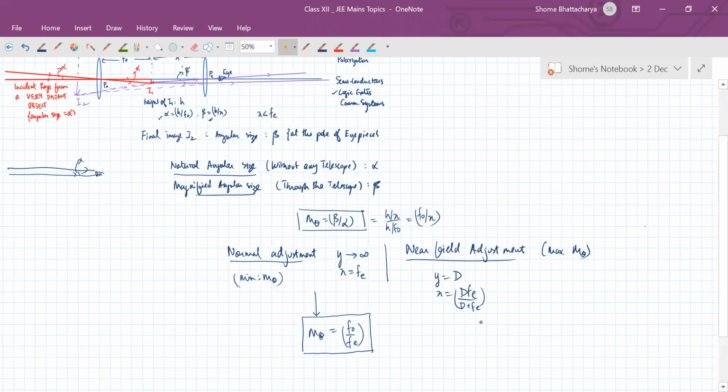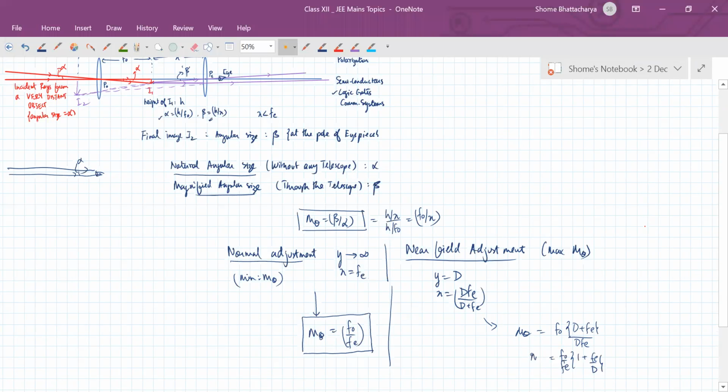And in this case, the angular magnification becomes, just substitute this value, fo into d plus fe upon d fe, something like this. If you take fe common here, you're left with d inside, so you can write this as this.